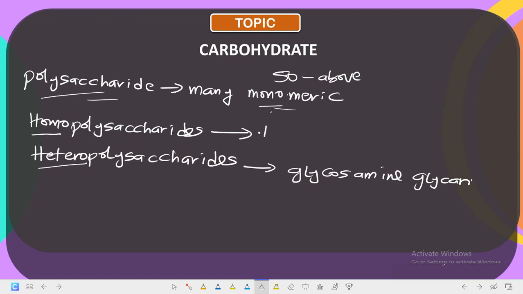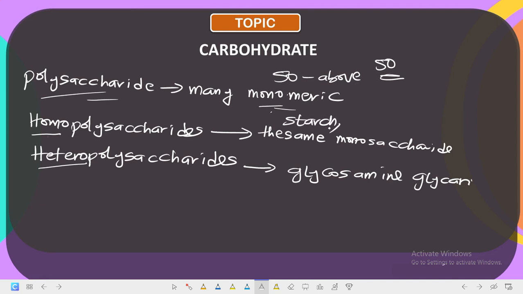So when the same monosaccharide unit, let's say glucose plus glucose plus glucose, all 50 monosaccharides that form the polysaccharide are glucose, the same thing, you call it a homopolysaccharide.